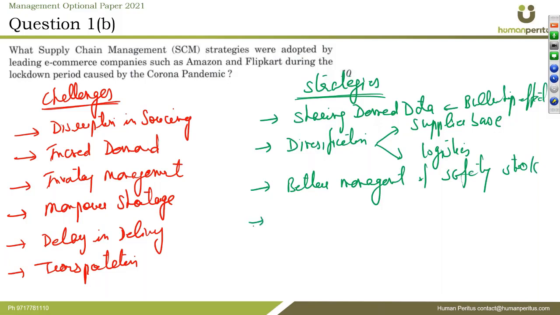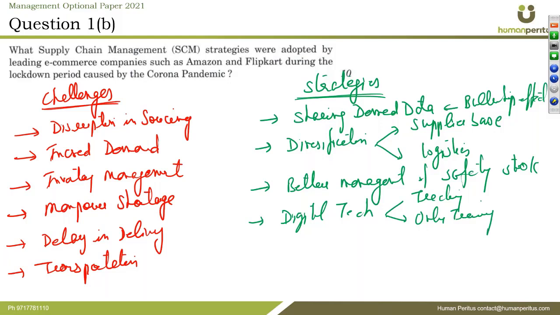Okay, then a lot of digital tech was also used. For example, tracking of goods, or tracking of movements, then online training, because training also became a challenge. Even if somebody is joining new, how to train that person?